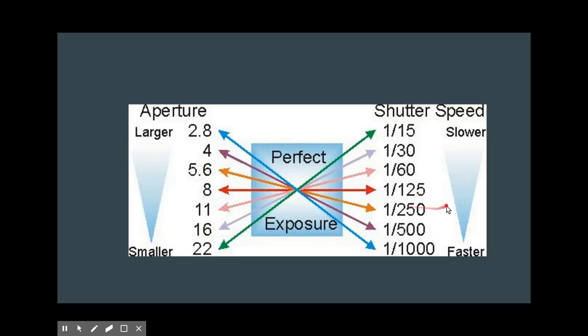All of these combinations are equivalent to each other. They all let in the same amount of light. But they have very different visual effects, because a larger aperture will give us shallow depth of field, a smaller aperture will give us greater depth of field. Here we will have blurred motion, and down here we will have frozen motion.